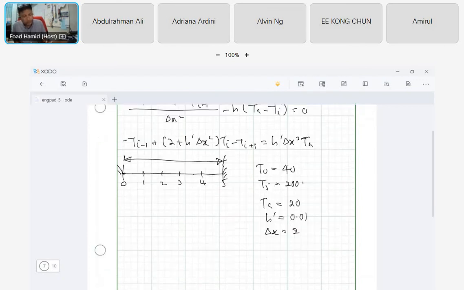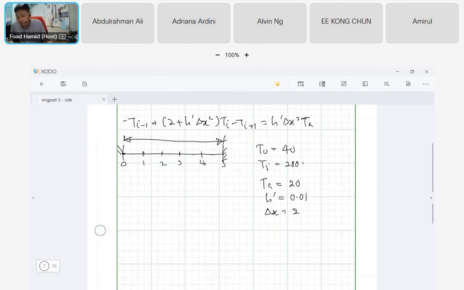So if you do this, let's say i equals 1, what we have here is minus T0 plus (2 plus h prime delta x) T1 minus T2 equal to 0.8.